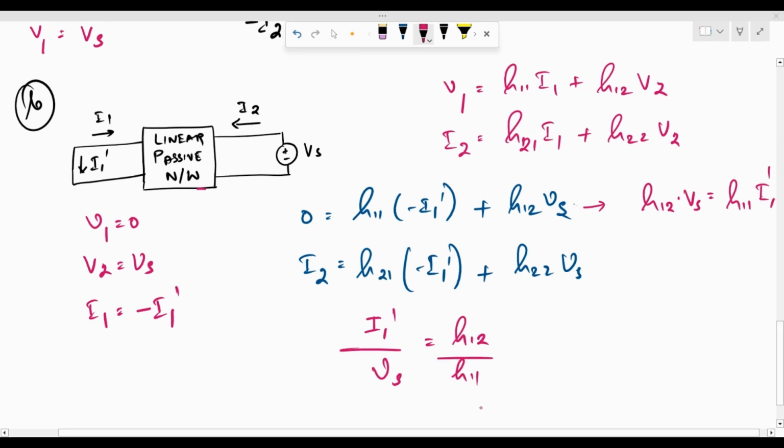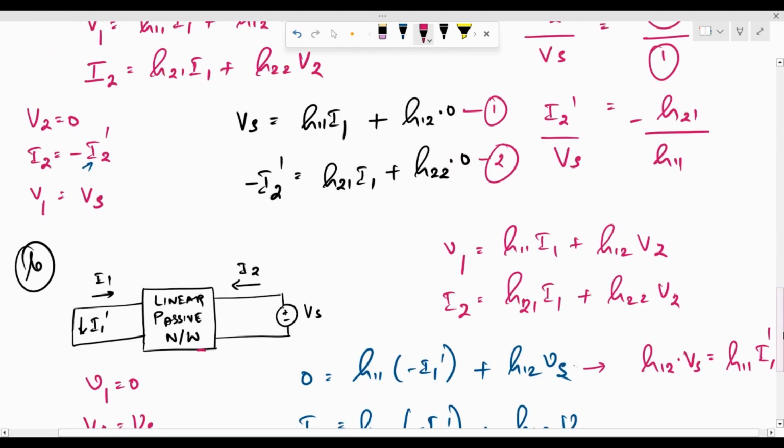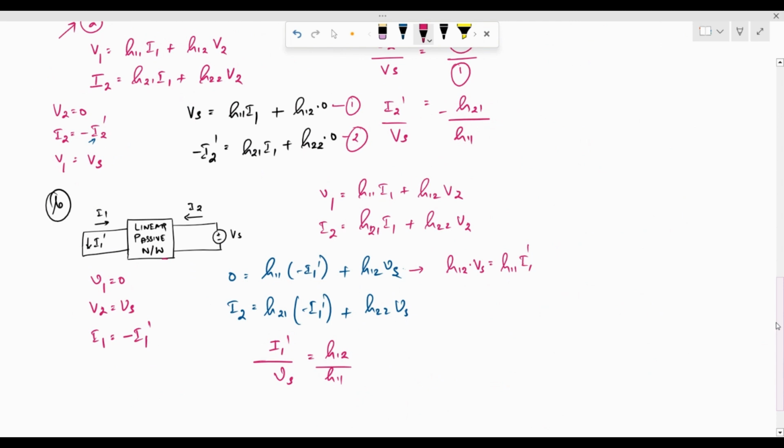So if I equate I1' by Vs to I2' by Vs, I'll be getting the condition for reciprocity. Here I2' by Vs was obtained as H21 by H11, and on the other hand, we've got I1' by Vs as H12 by H11.